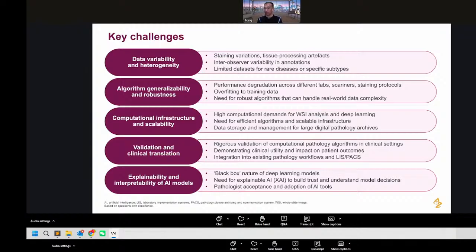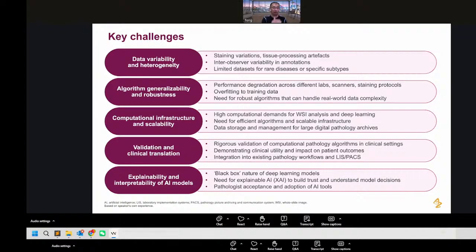They don't see the value. So you have to bring economic value to show them why they should use AI or digital pathology. It's not going to replace you, but it will help you simplify and make diagnosis more accurate.